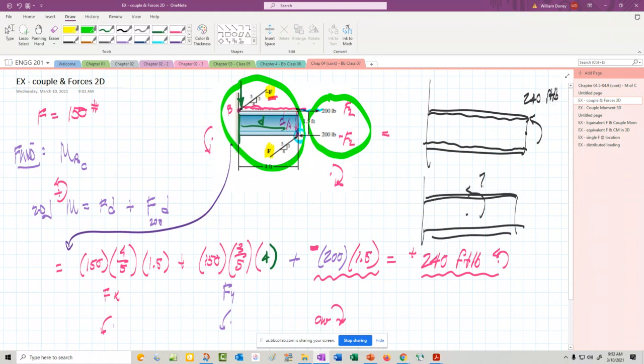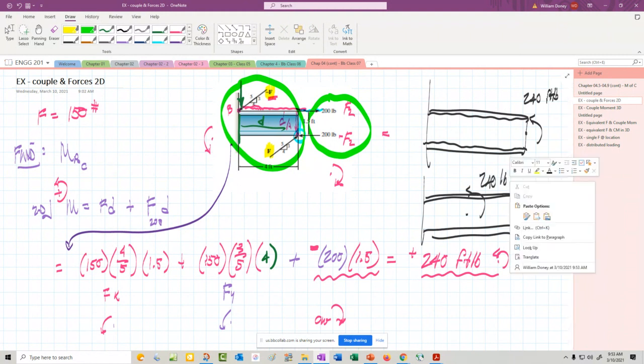Or I could put it right at the center. And the idea is it is an equivalent system.